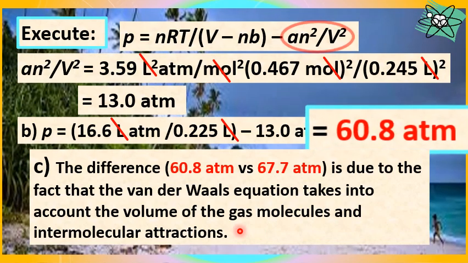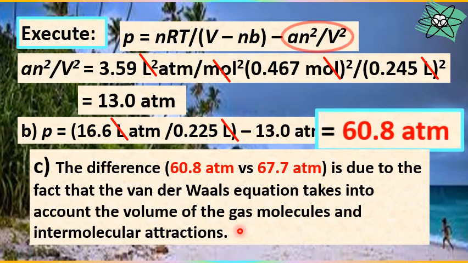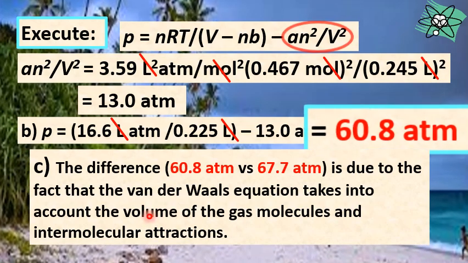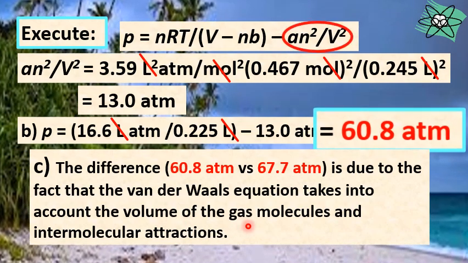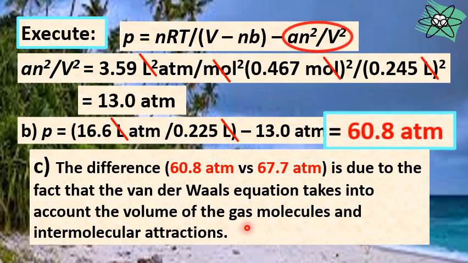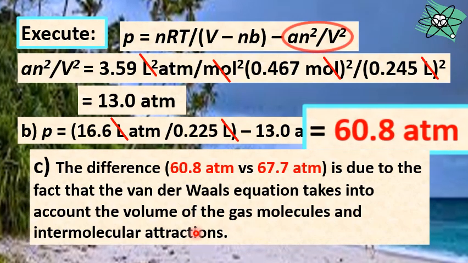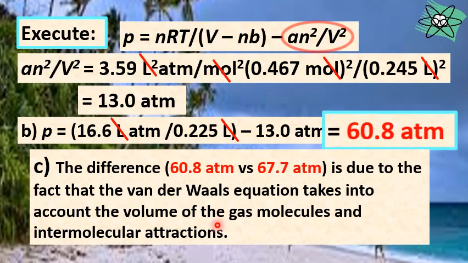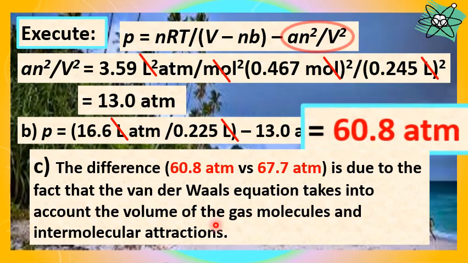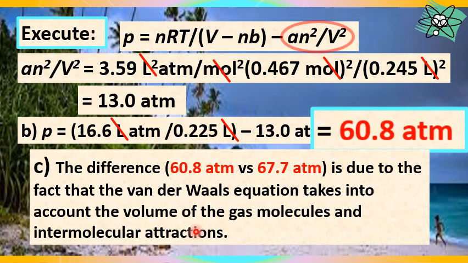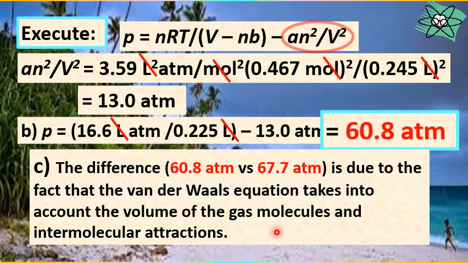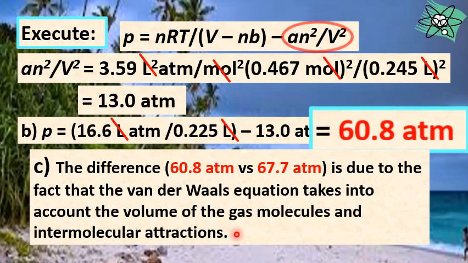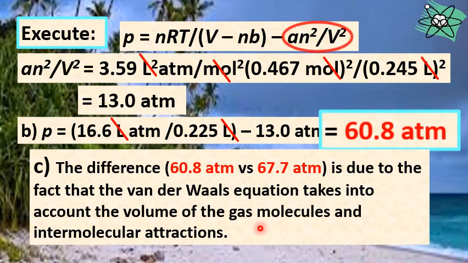Based on the ideal gas law equation, these conditions are considered negligible, all right? In the ideal gas law, the volume of the gas molecules is considered almost zero, in that the molecules do not interact, they do not attract, they do not repel, all right?